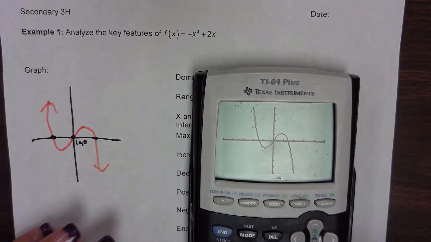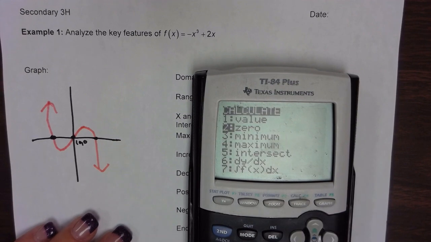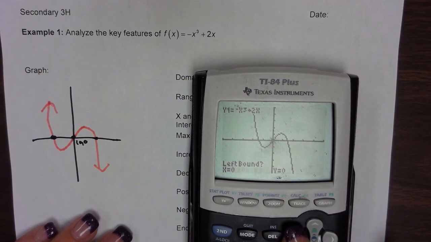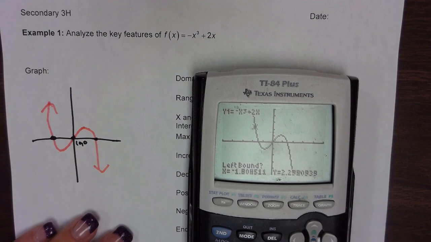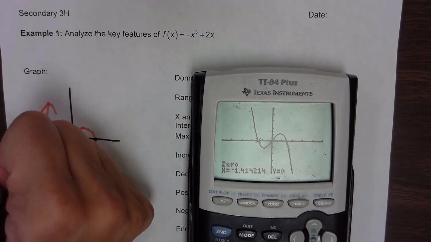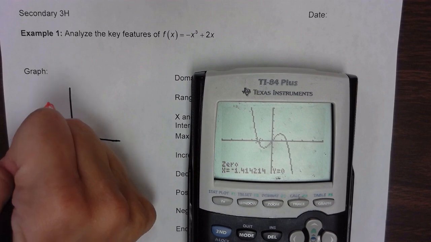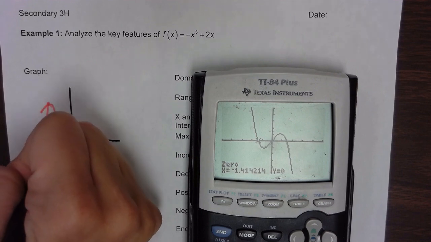So there's a couple ways we can do this. You can do second trace, go to 0, but then you would have to be on the left side, enter, right side, enter, and as you can see I get negative 1.414. Let's go out 3 decimal places.